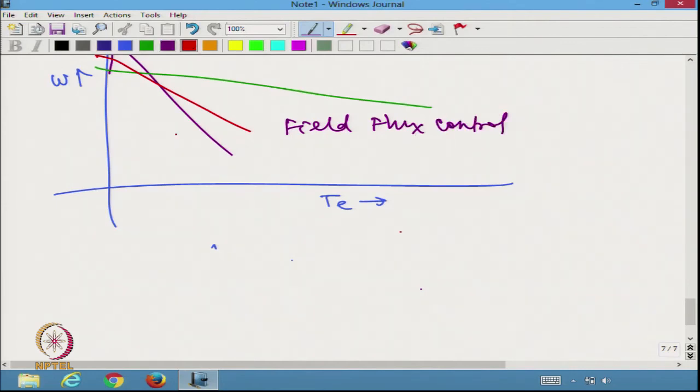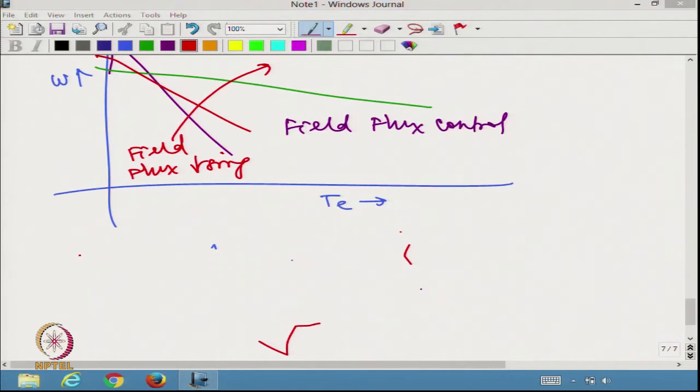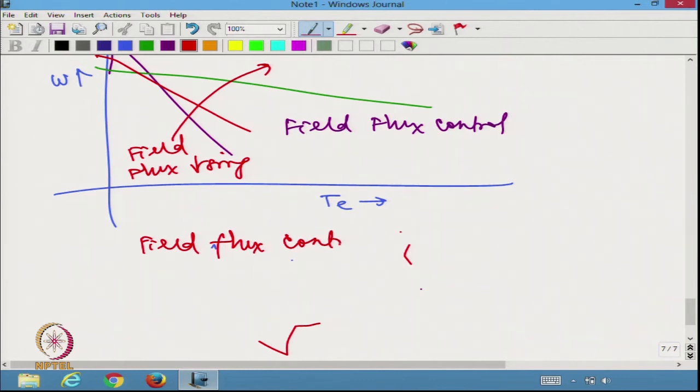And if I look at it, this is the field flux decreasing direction. So, if I decrease it, I am going to get more and more speed. So, very clearly field flux control is used for above rated speed operation.